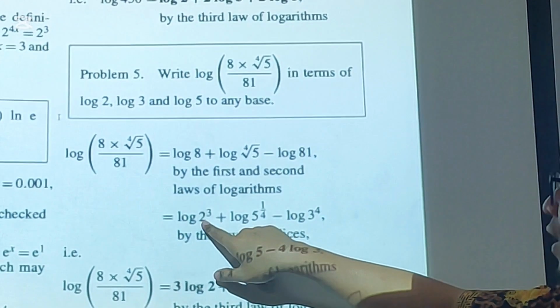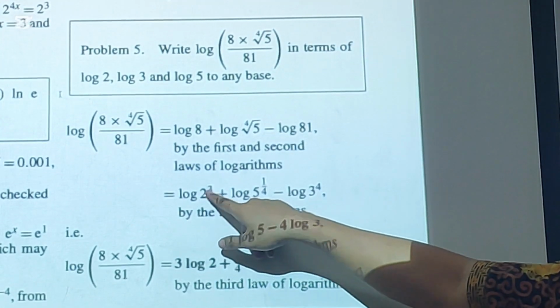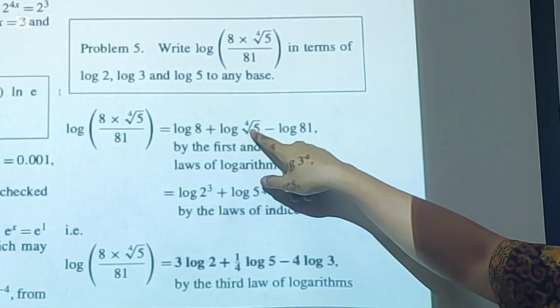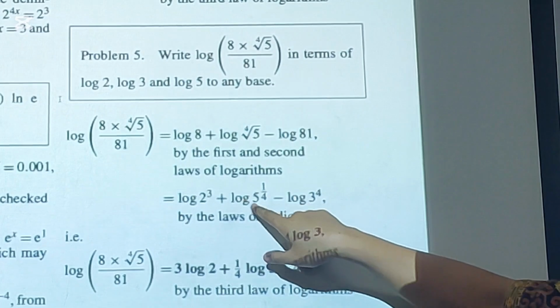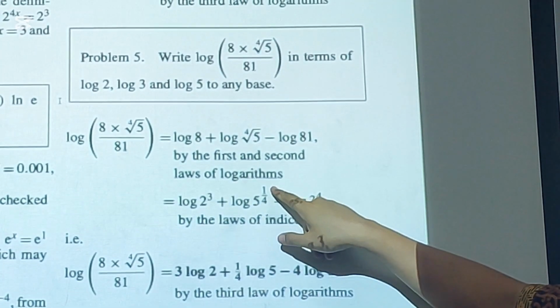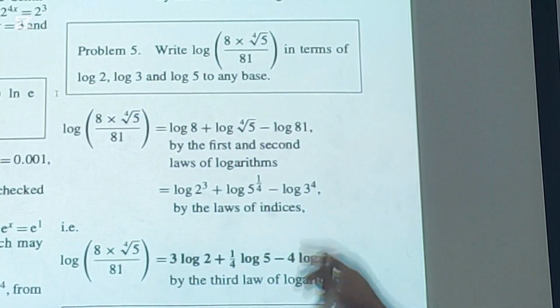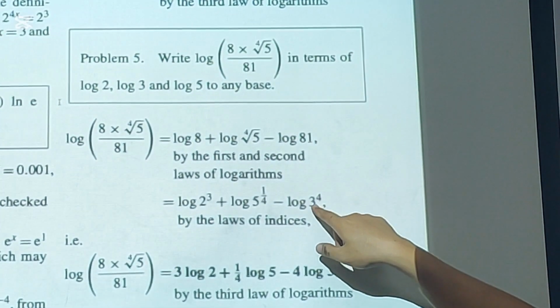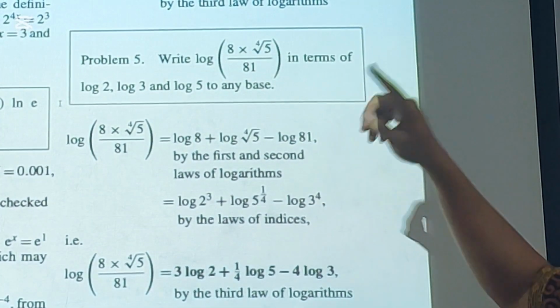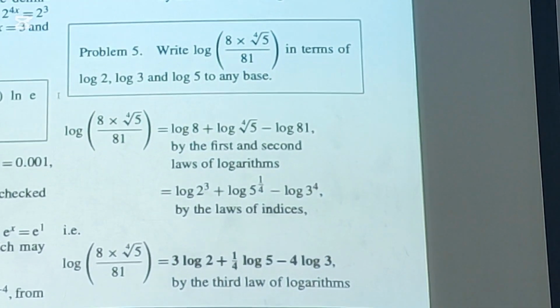Log 8 you can change into 2 power by 3, and this one we can change into log 5 power by 1 per 4, and log 81 we can change into log 3 power by 4.